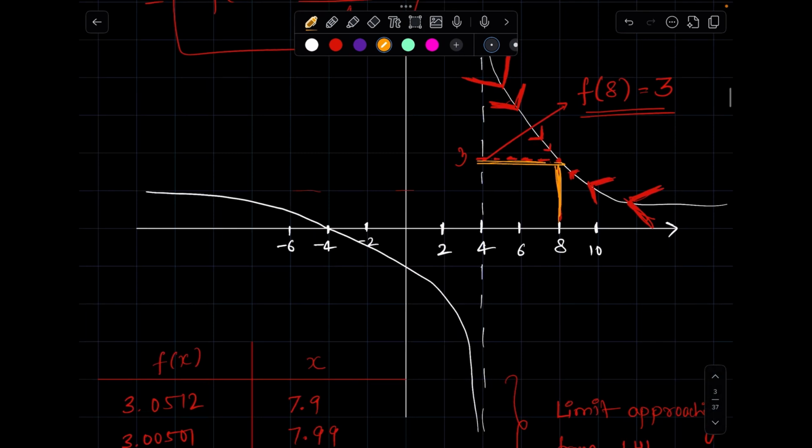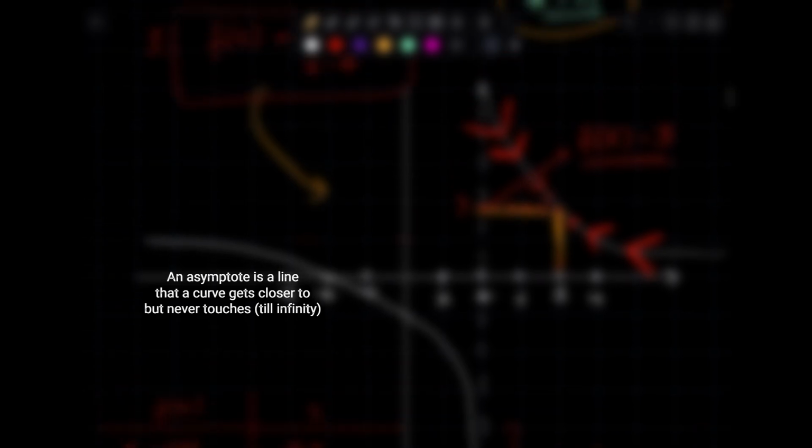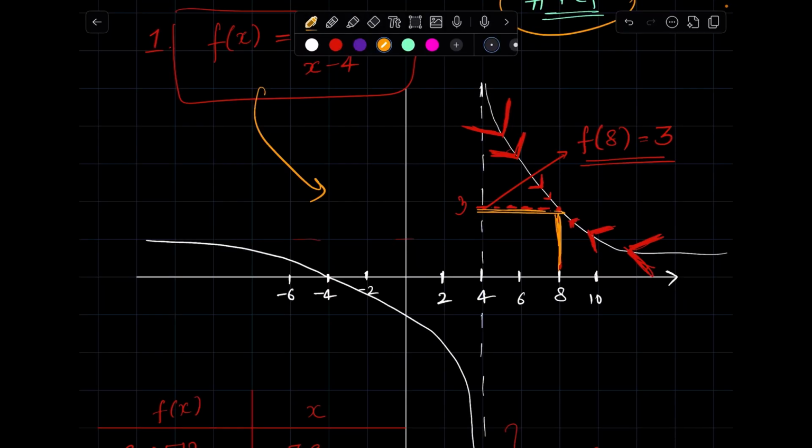The graph of f of x looks somewhat like this with a vertical asymptote at x is equal to 4. And okay, to describe what an asymptote is, we need to know what a limit is. So let's just say that there is something called an asymptote. Okay, so there's an asymptote at x equals 4, but we're not going to talk about it right now.